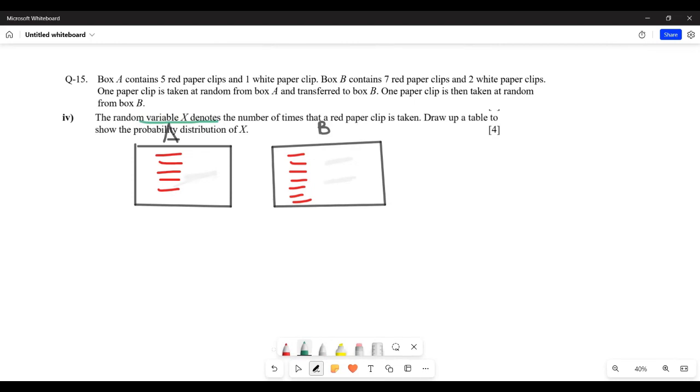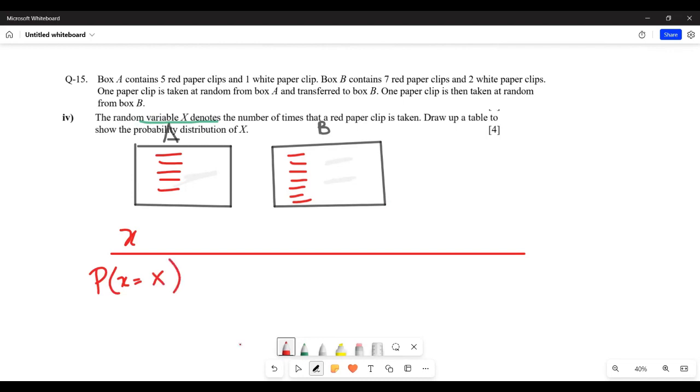Draw up a table to show the probability distribution x. चलिए अब red आना चाहिए आउटकम. तो वो रेड ए में भी आ सकता है, बी में भी आ सकता है, या दोनों में आ सकता है. तो अब आपने अपने प्रोबेबिलिटी डिस्ट्रीब्यूशन टेबल में ये दिखाना है कि probability capital X equals to x.